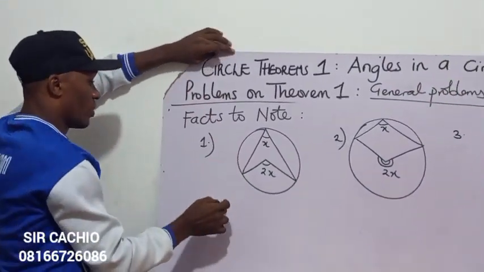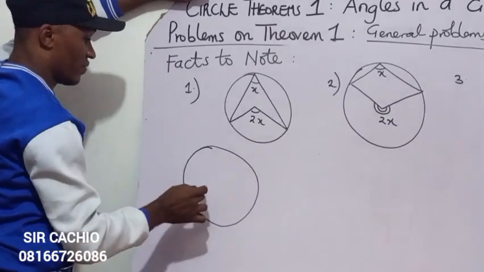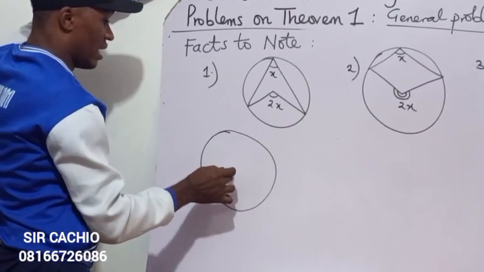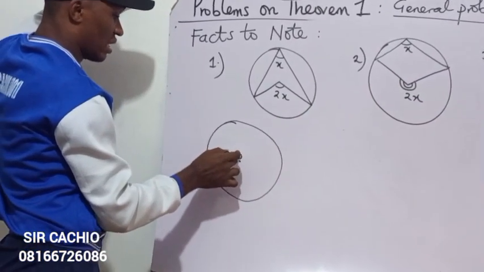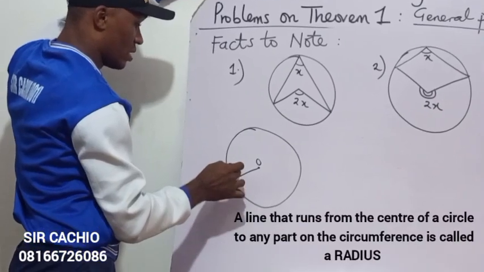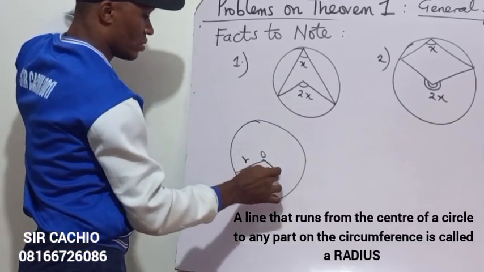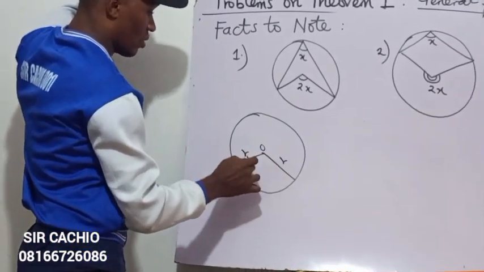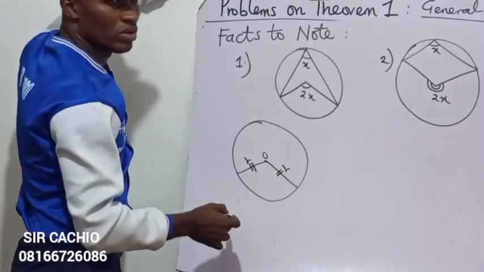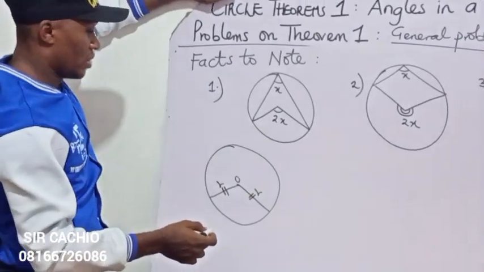And also, in any circle, a line that runs from the center to the circumference is called the radius, and they are always equal. You should note that.